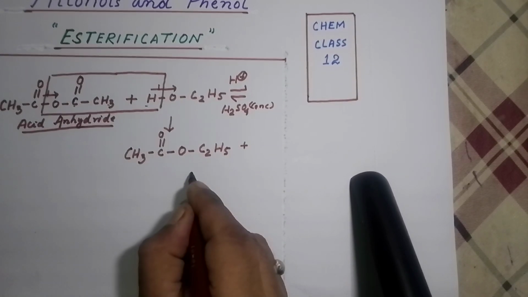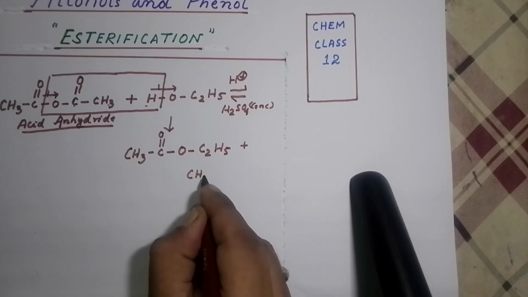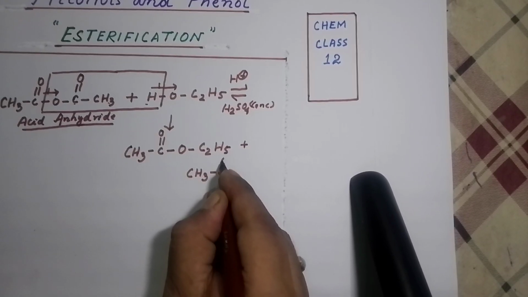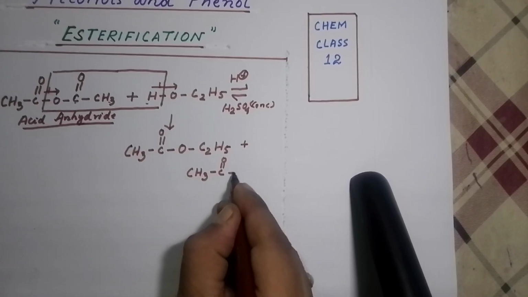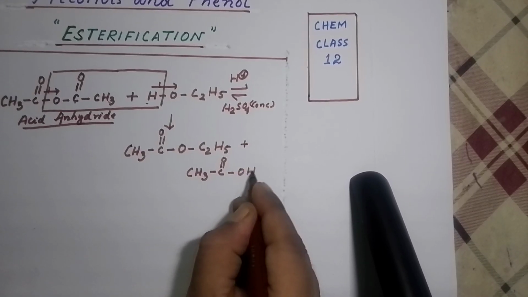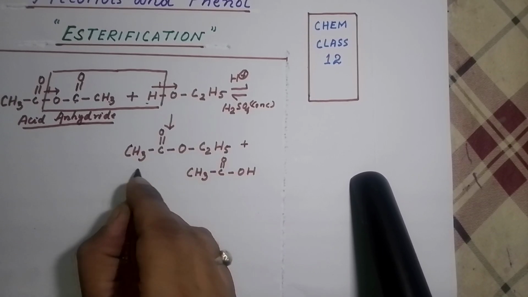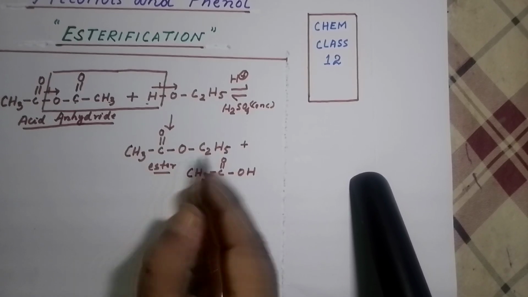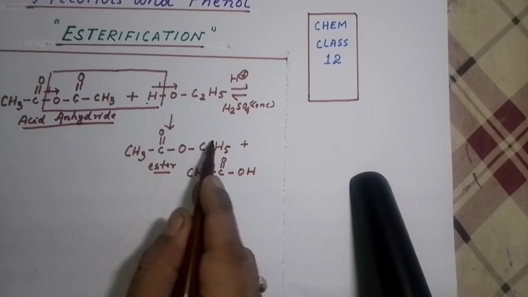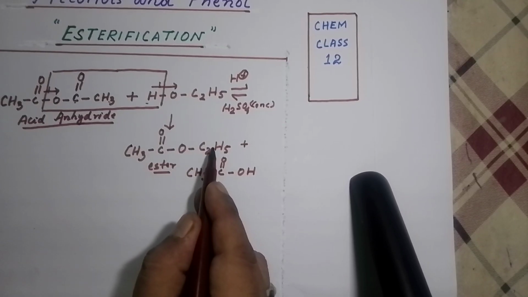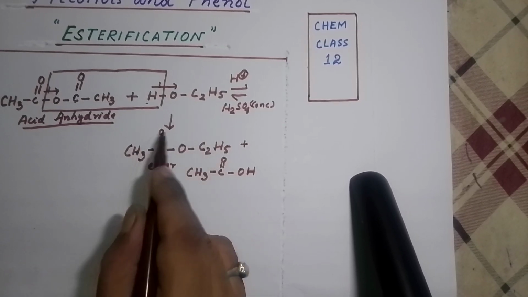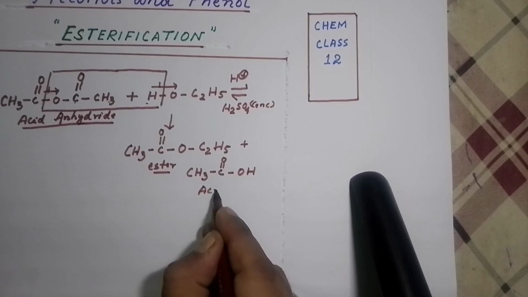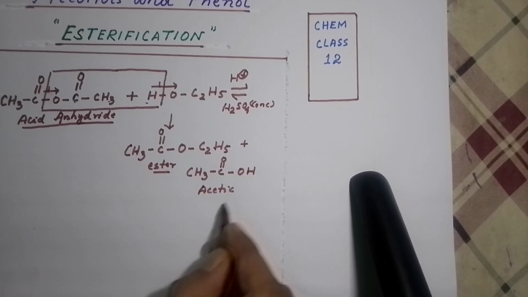CH3COOH. CH3CO. This is called the carbonyl group, CO. Here also a carbonyl group, OH, and this product is called ester. Its actual name is ethyl acetate, an ester. Now this is nothing but acetic acid. We know that it comes out as a byproduct.